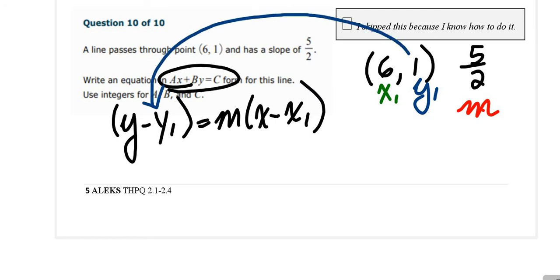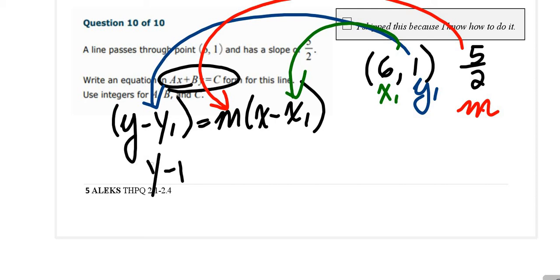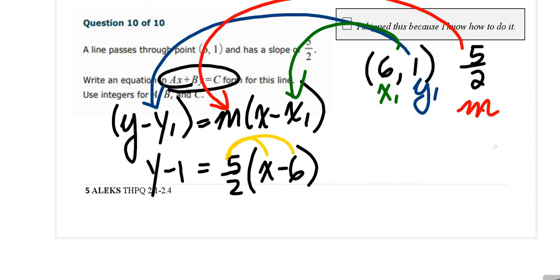So the 1 goes there, 6 goes there, and the slope goes there. You distribute, and I'm going to do 5 over 2 times 6 over here. 2 goes into 6 3 times, so that's going to turn into 15.